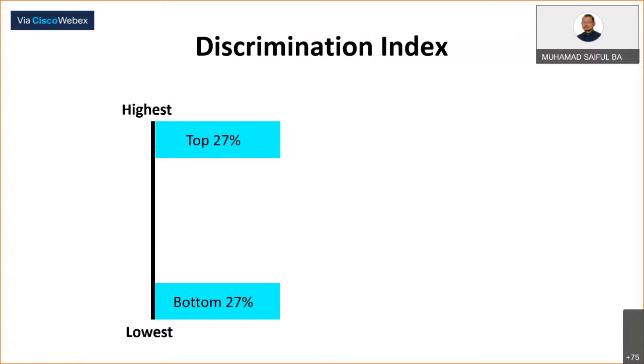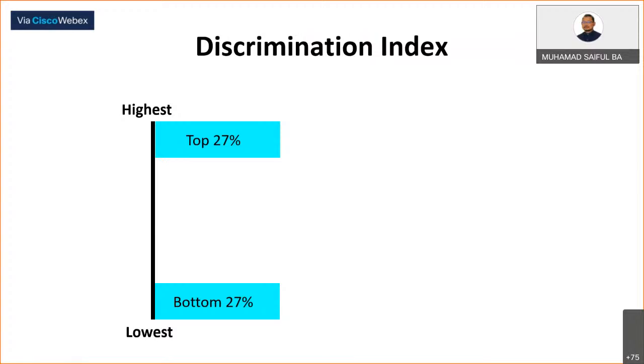So after we rank them, highest to lowest, we take the top 27%. It means the 27 top performers, and then the lowest 27.